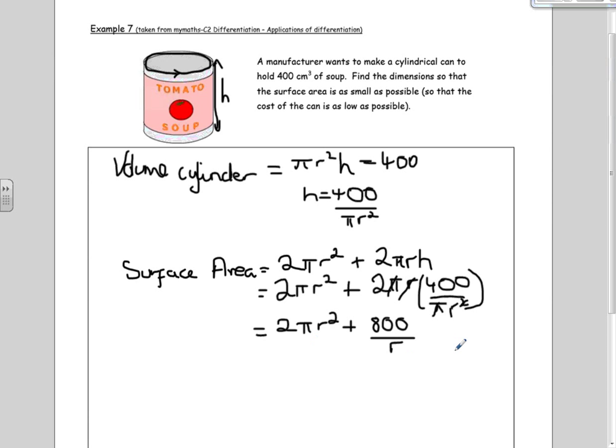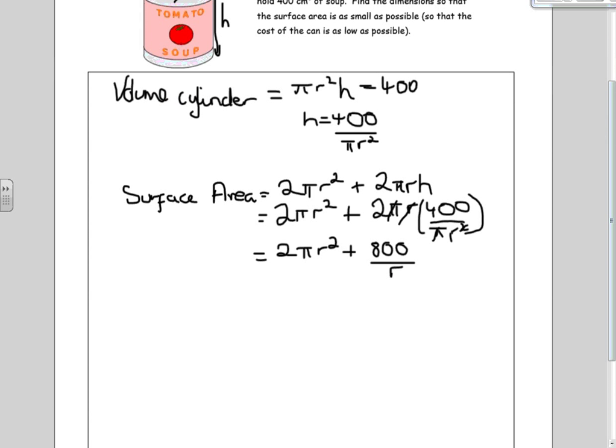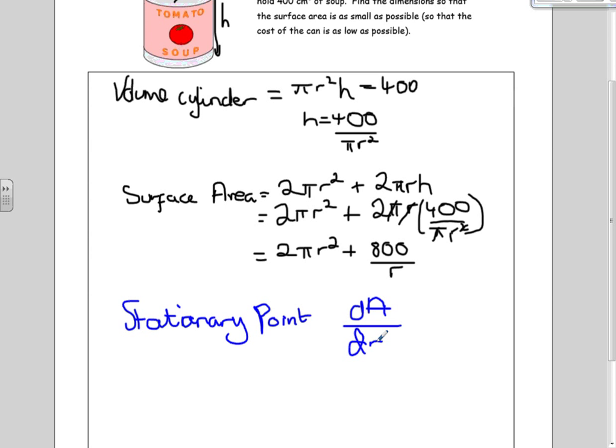So we want to find the stationary points of this. Because we want the minimum surface area, the stationary point will be found by differentiating the surface area of the can with respect to the radius and setting it equal to 0.